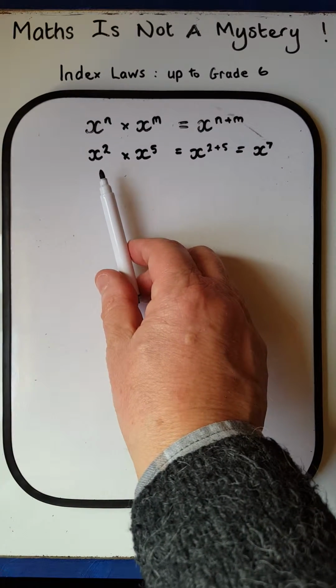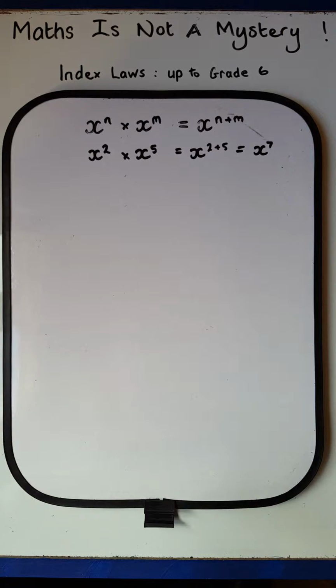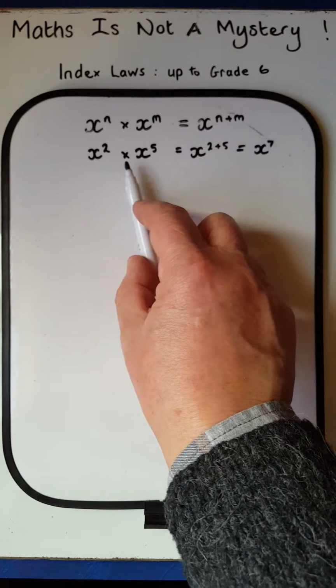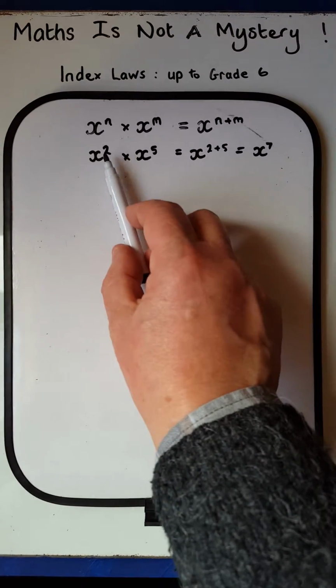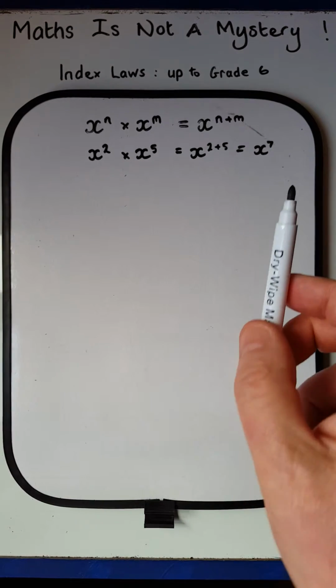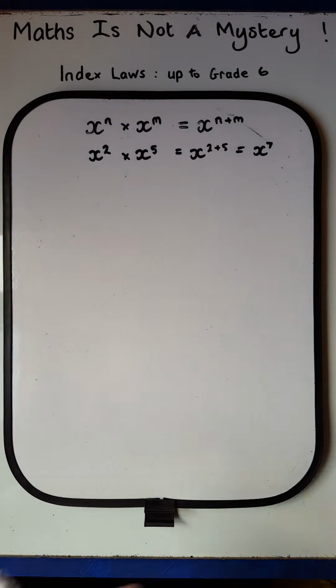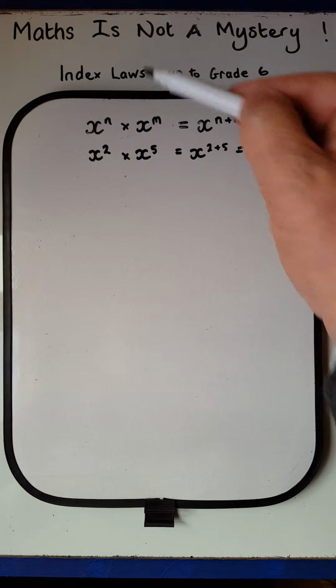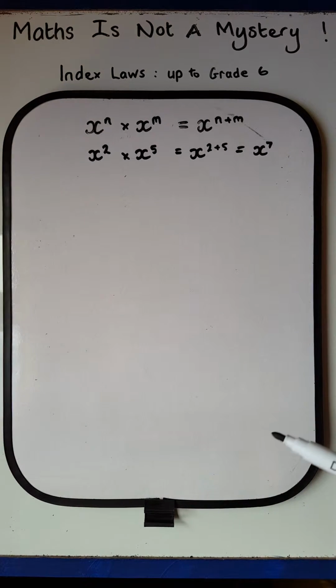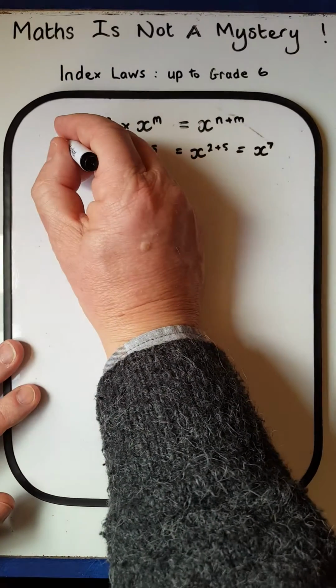Providing these two numbers that are both x's are the same, and we'll talk in another video about what happens when they're different. If these two numbers are the same, we simply add together the index numbers to get our final answer when it says times in the middle. Okay, so that's your second index law that we're going to look at there.